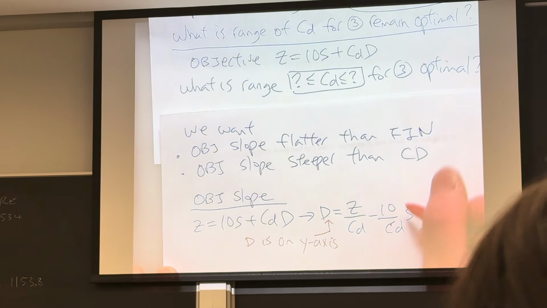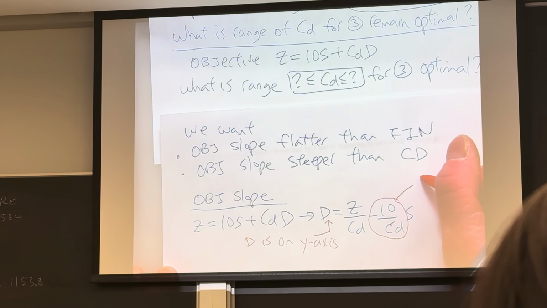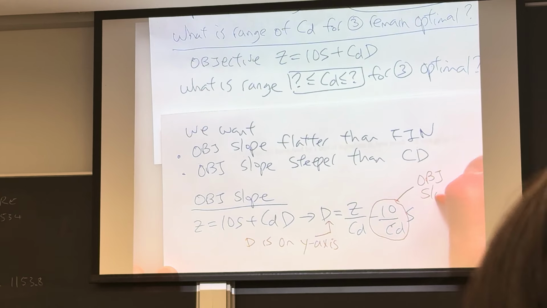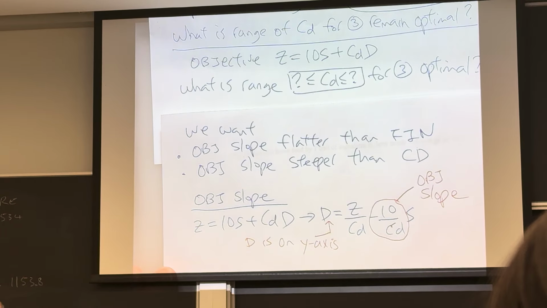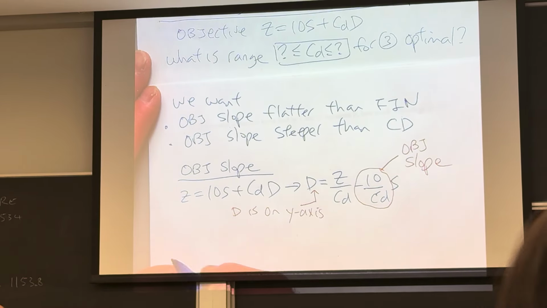And so we now get the new objective slope is defined as minus 10 over CD. A lot of students get confused because they think that since we're analyzing changes in D, we need to rewrite it in terms of S or something. But again, whatever's on the y-axis, you have to put it like that. Okay, so now we're ready to make the comparison.